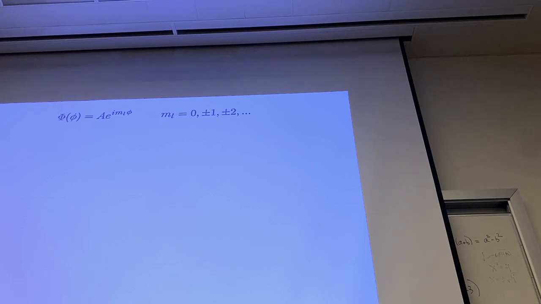There's also a negative one, but I'm going to focus only on the positive one and see what I can learn about this function. The first thing I would like to know is, can I normalize this thing? Can I create an N in front of it such that this function is a normalized function? How do you do that?